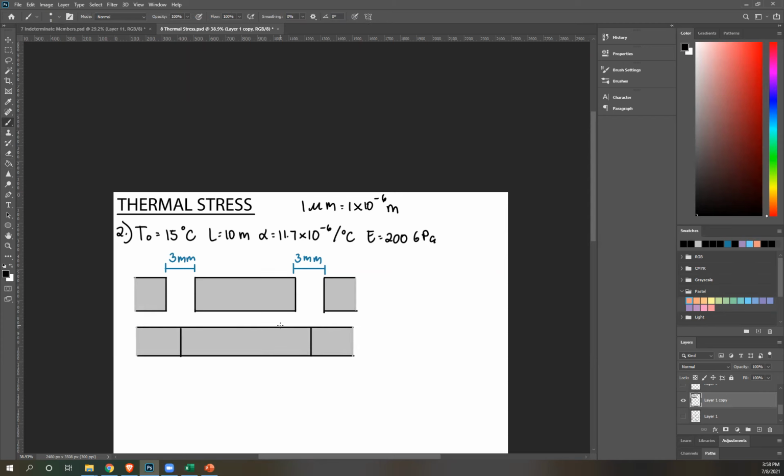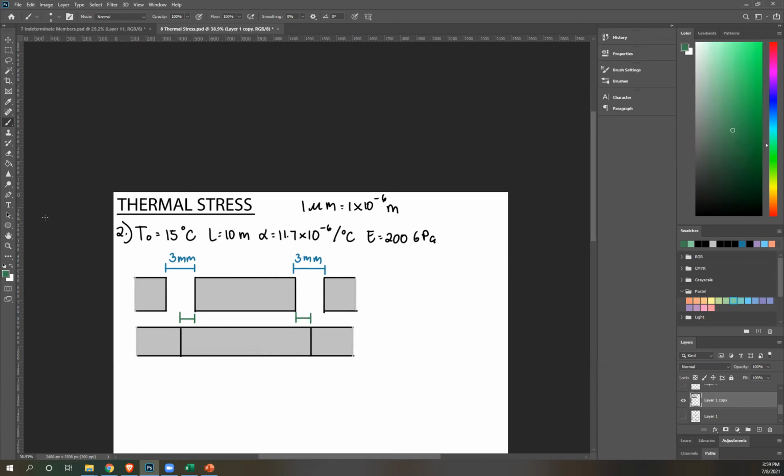So first, let's figure out how it was extending. Since there's no restraint on any side, the rails will expand in both directions. Meaning this is how much this piece of rail expands on this side, and this is also how much this piece of rail expands on that side. So therefore, total deformation is divided from two sides.